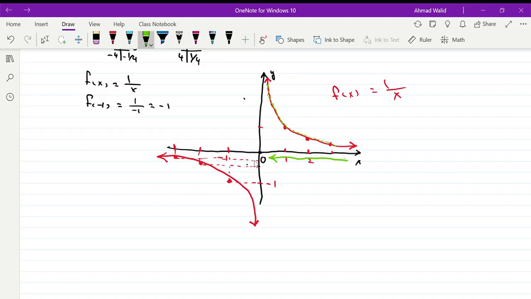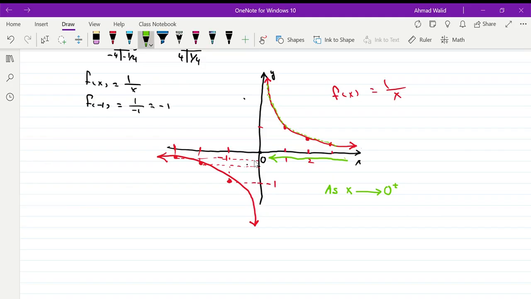Then you write it this way: as x approaching, draw an arrow to 0 from the right. You see, I put a positive on top of 0.